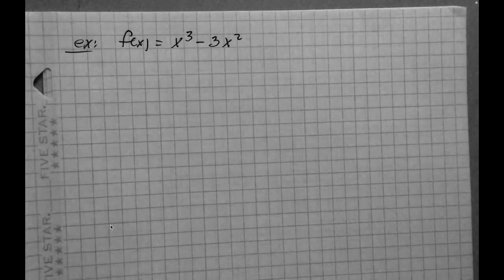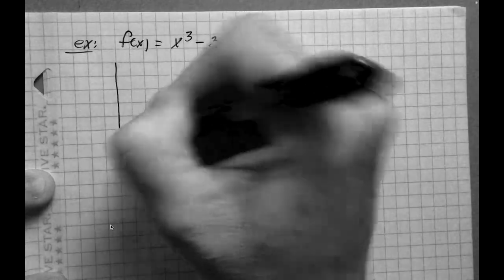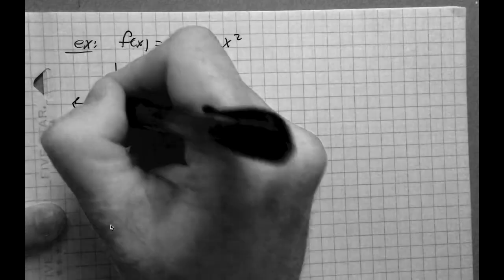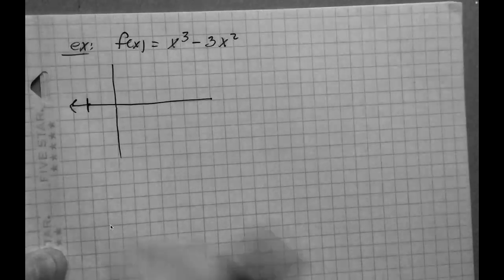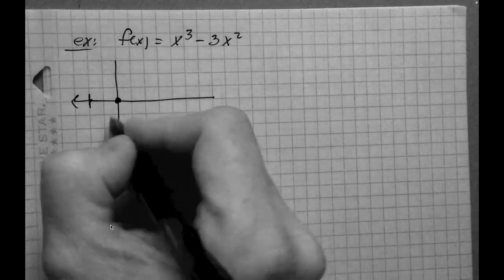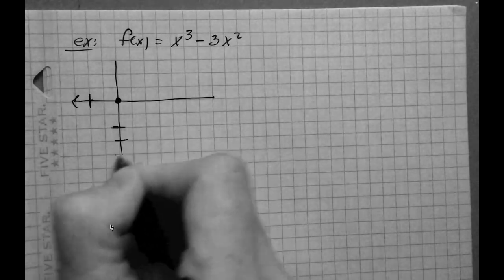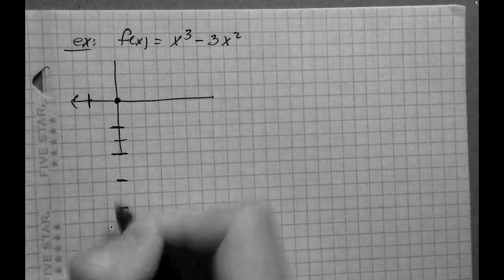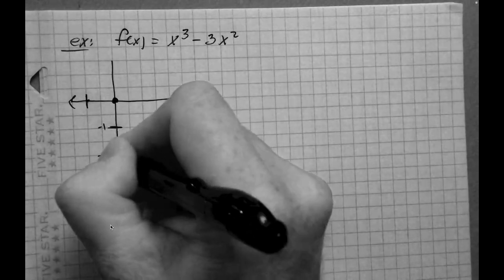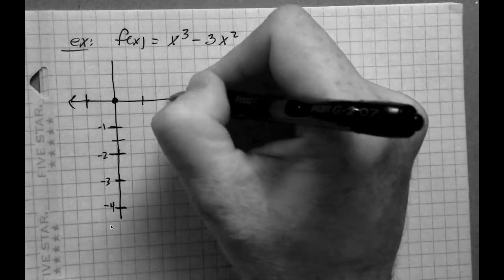So let me go ahead and draw a reasonably nice picture here so that we can see what this looks like. All of the action takes place below the x-axis. So we'll say this is 1, 2, 3, 4, bigger than I was anticipating, and -1, -2, -3, -4, and then 1, 2, 3.